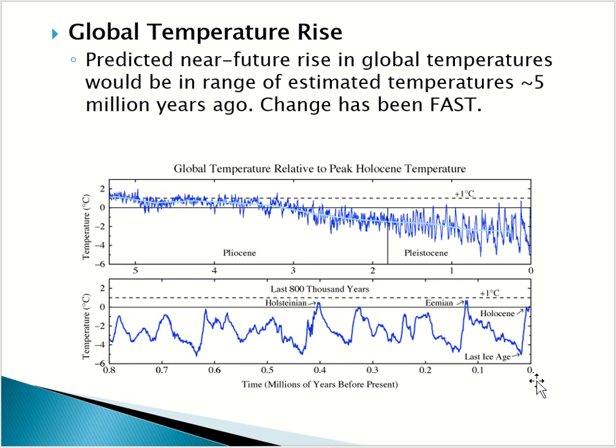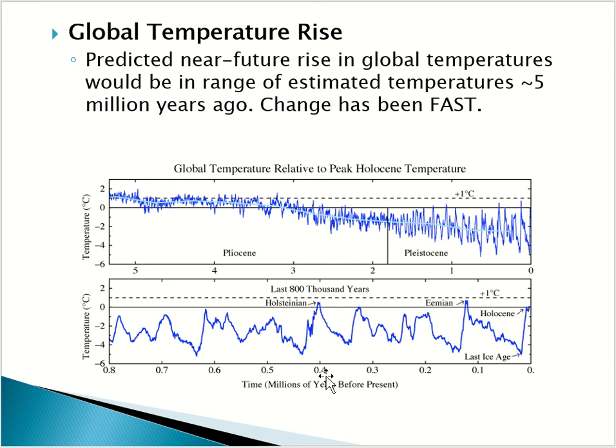And on the bottom, just 0 to 0.8, so looking essentially at this part only of the top chart. There's a long-term cooling pattern. And right now, if you imagine, based on limits to production and changes to production systems, a 2-degree centigrade increase, what we're looking at are temperatures that are more typical of 5 million years ago.